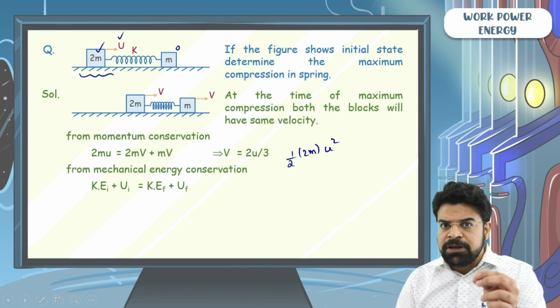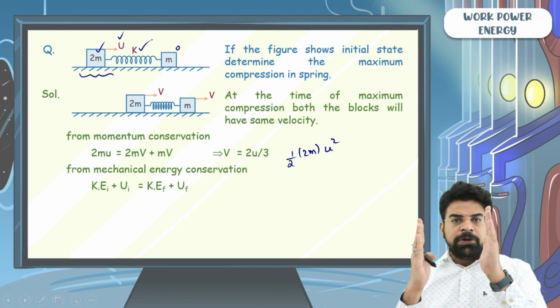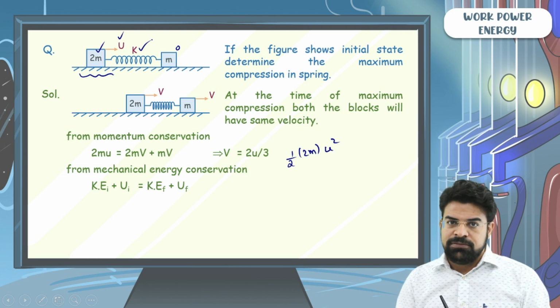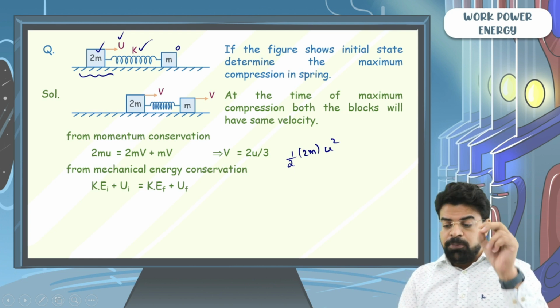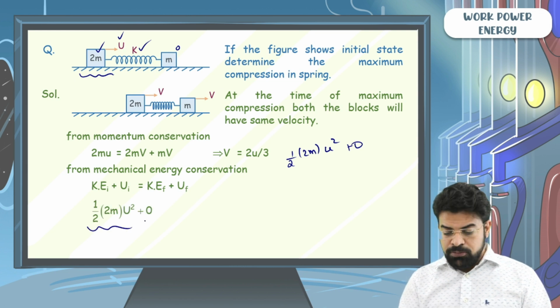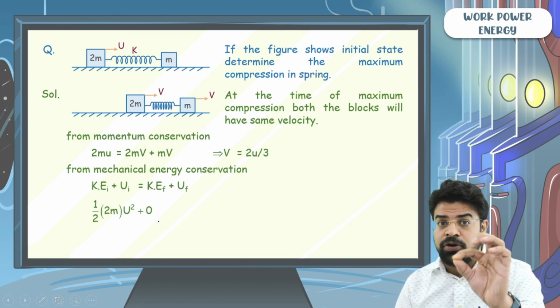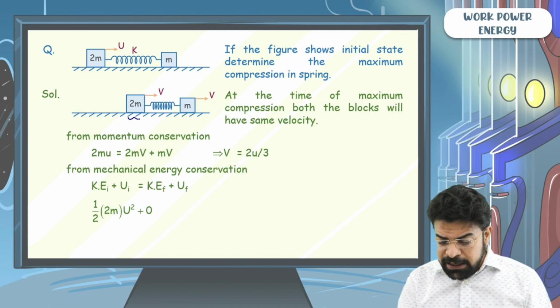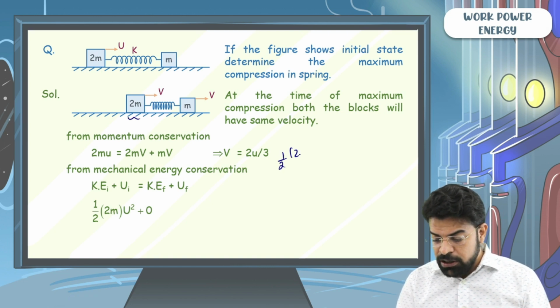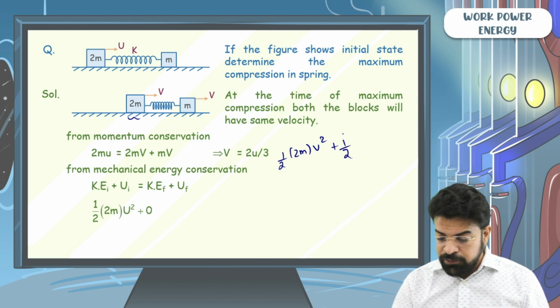What will be the initial spring potential energy? Since initially the spring is at its natural length, the initial spring potential energy will be 0. So we can write the initial kinetic energy plus the initial spring potential energy, and this has to equal the final kinetic energy plus the final spring potential energy. The final kinetic energy will be half into 2m into v square plus half into m into v square.